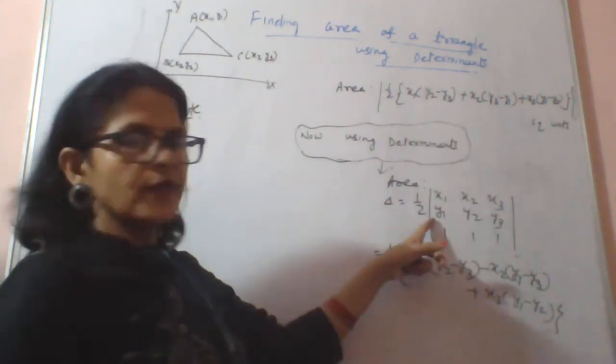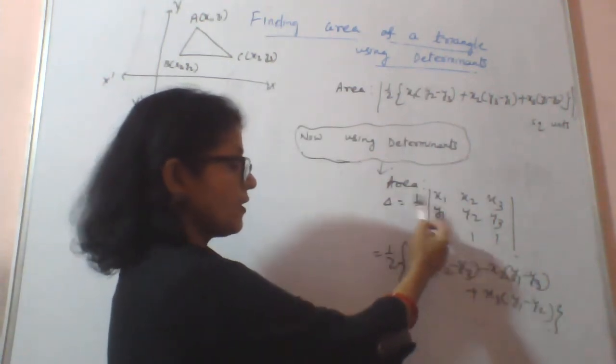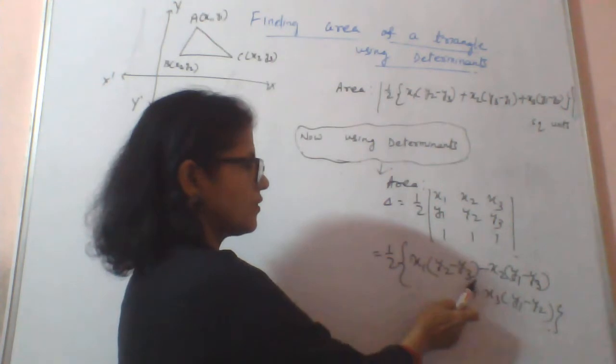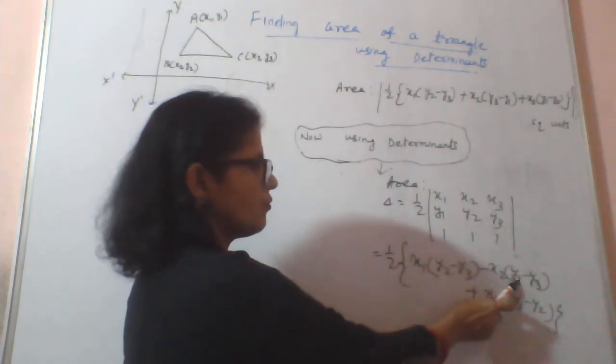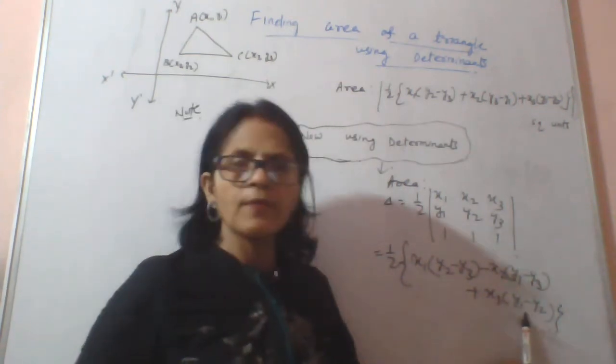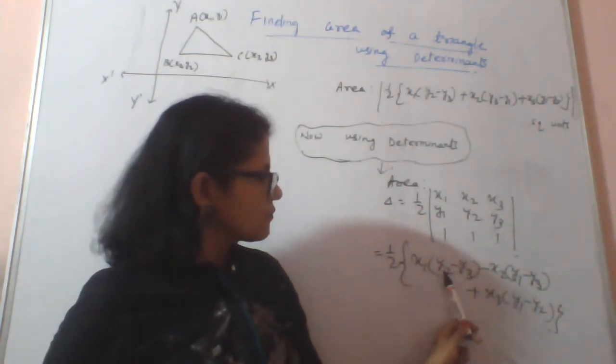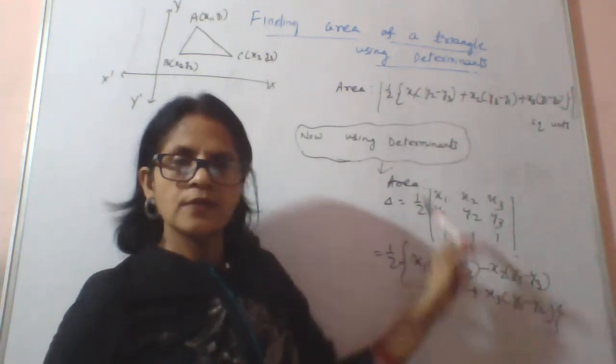Evaluating the determinant, I take half of x1 into (y2 minus y3) minus x2 into (y1 minus y3) plus x3 into (y1 minus y2). Now let's compare. x1 into (y2 minus y3) is the same.